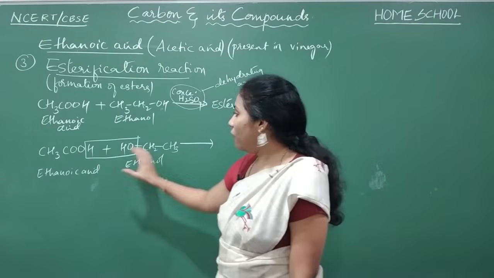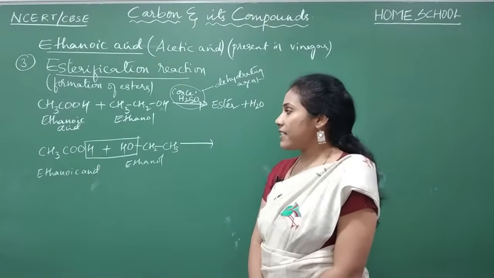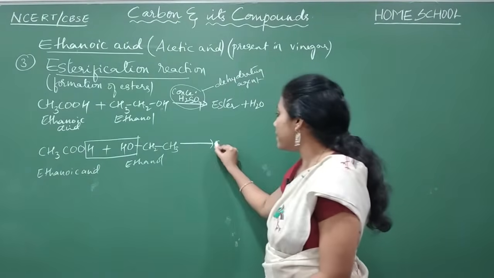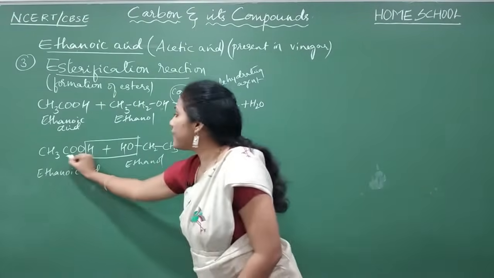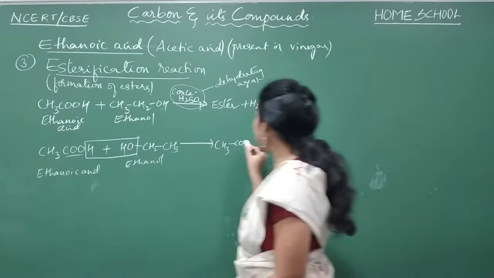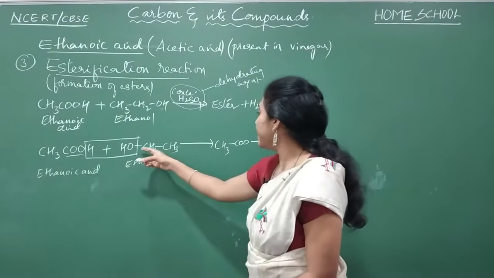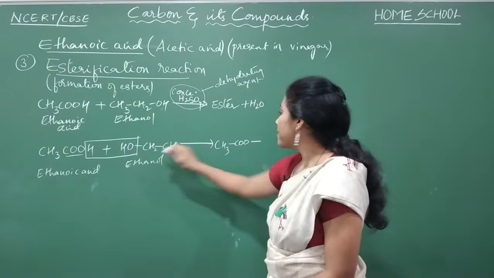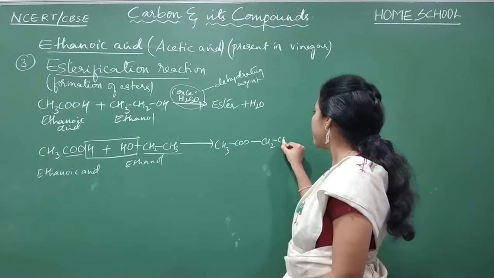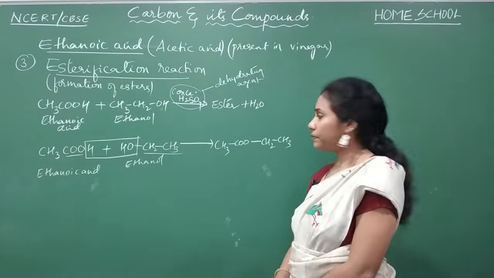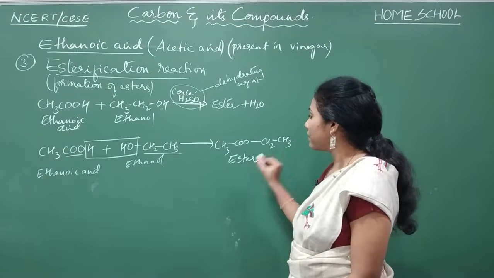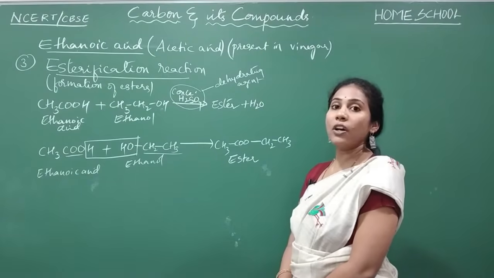Okay. So now remaining parts you join, guys. What do you get? Remaining parts if you join, you know, CH3COO is remaining here. Join this with CH2CH3, which is remaining here. Yes or no? This is what we call ester. Okay, this is what we call ester.